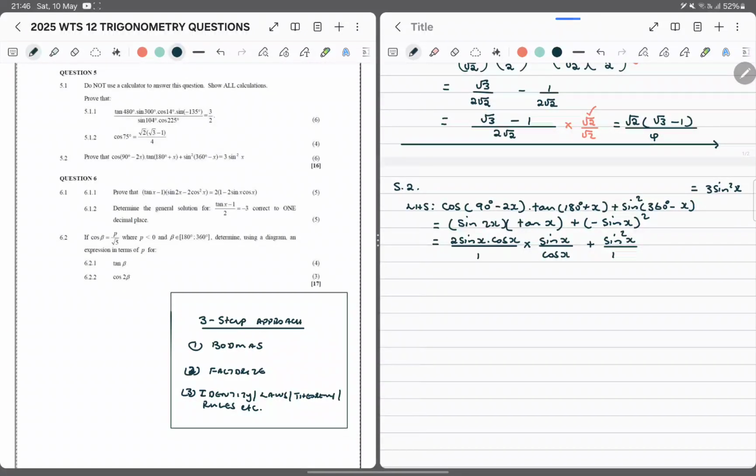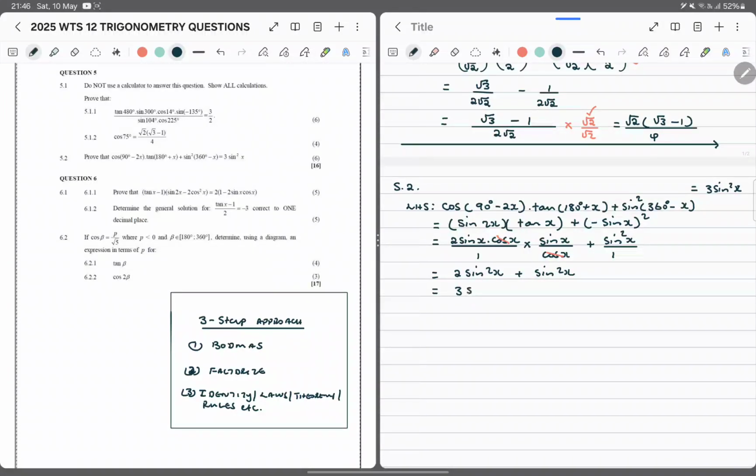Since we have fractions, we try to balance the equation right there. So this and that divide to 1, and the numerators multiply, so we end up with just 2 sine squared x over 1 is just itself plus sine squared x.